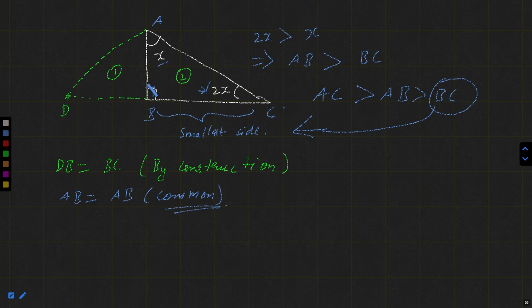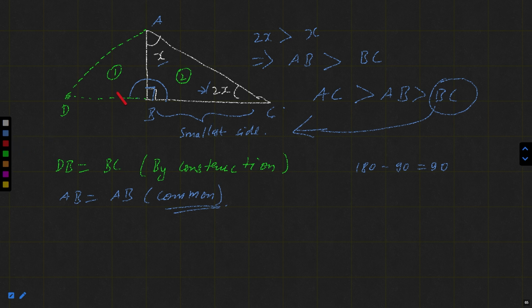Now this line I just produce in such a manner that it continues. If this line is produced further, I know this whole is equal to 180 degrees and this is 90 degrees. So 180 minus 90 is equal to 90.